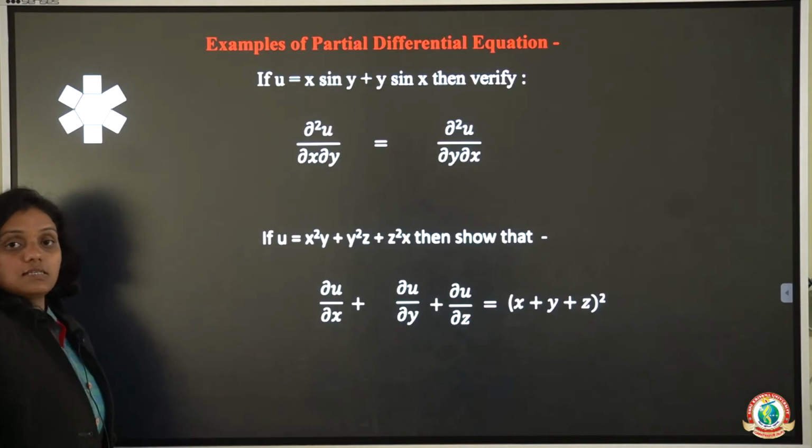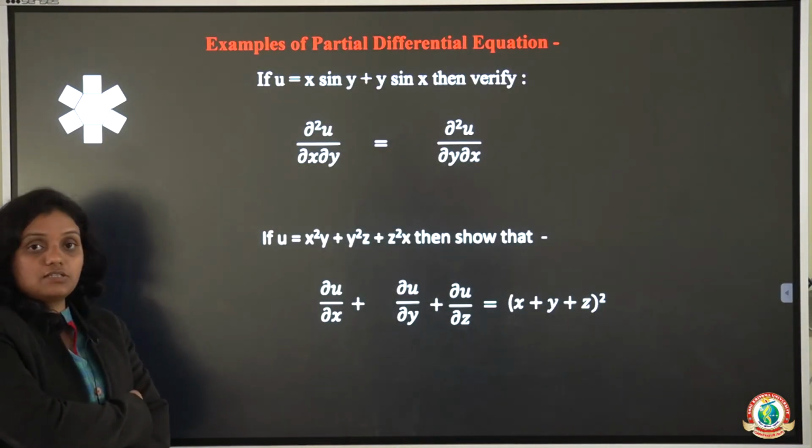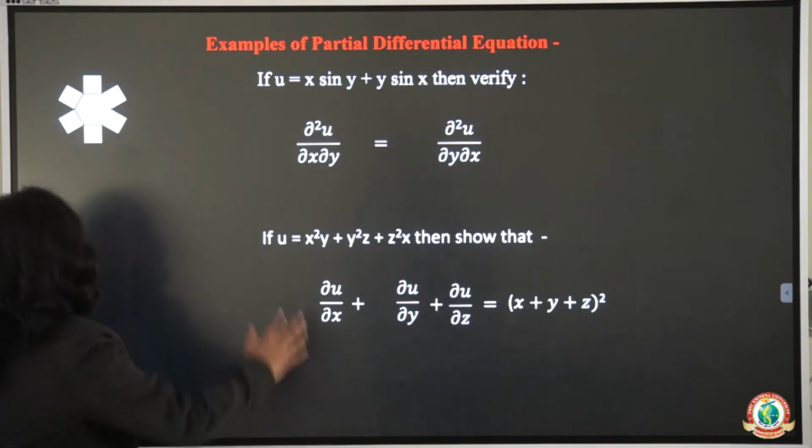Now, we discuss partial differential equation examples. Let's see.